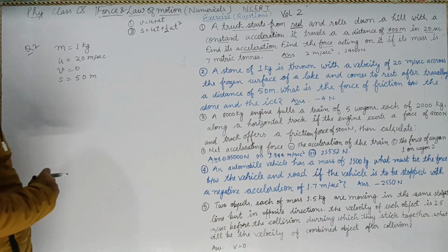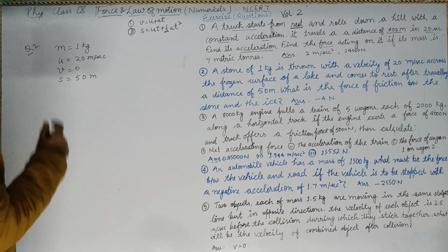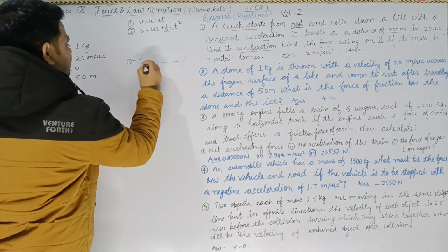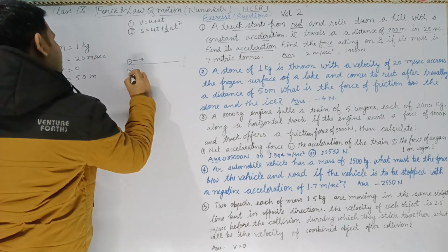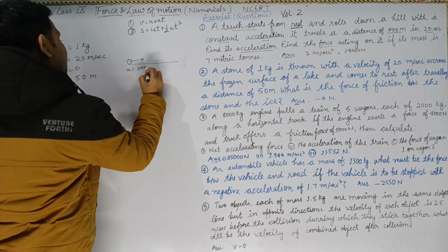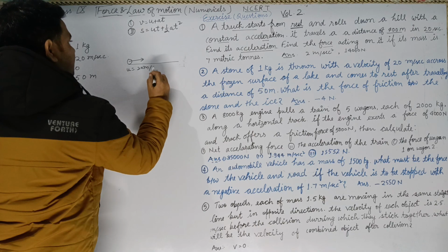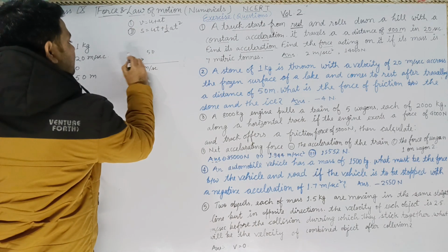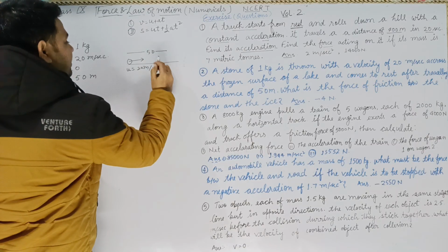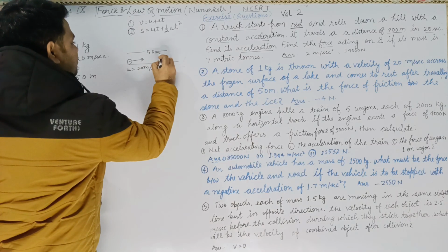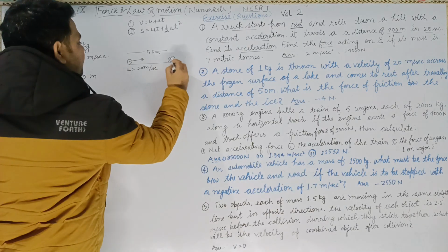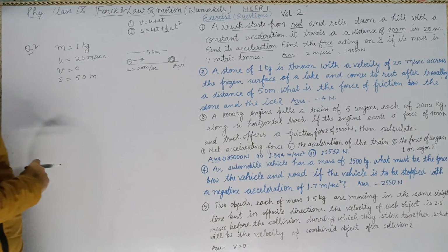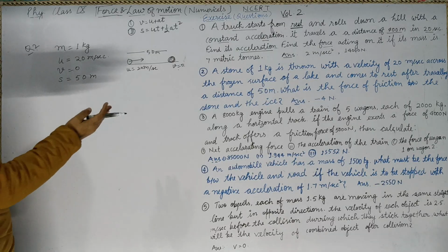We have to find the force of friction. The initial velocity u is equal to 20 meter per second, and after traveling 50 meters it stops, and here the final velocity v is equal to 0. We have to find the force acting on this.